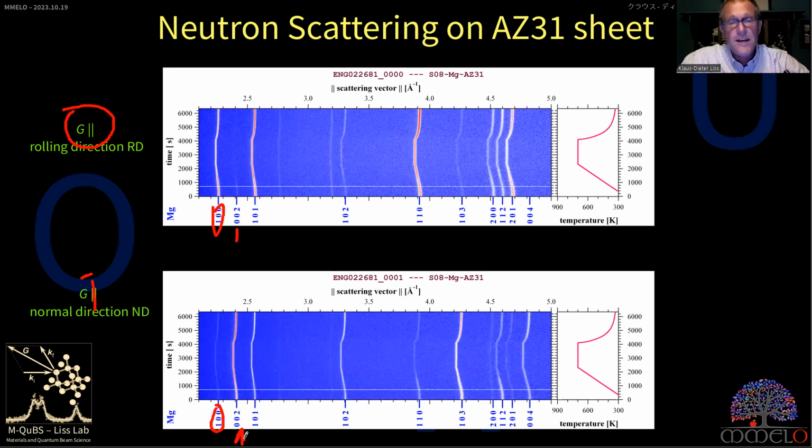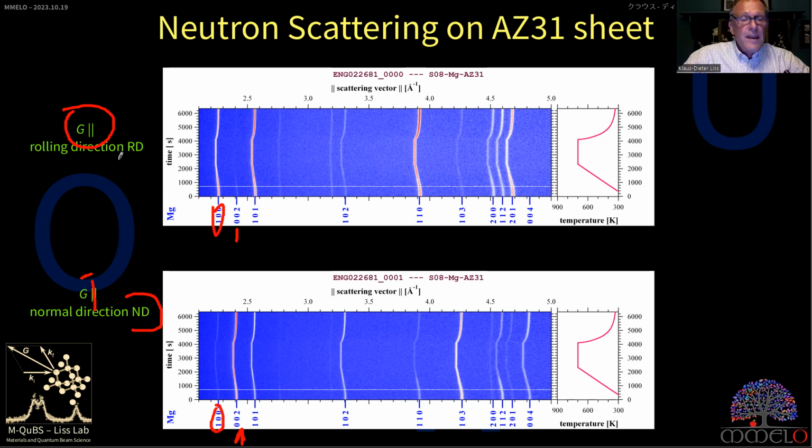We know the rolling texture typically has this basal texture where the lattice planes, the basal planes, 001 planes, are aligned parallel to the surface of the sheet material. So if they are parallel to the sheet of the material, that means the scattering vector in the normal direction describes planes parallel to the surface.